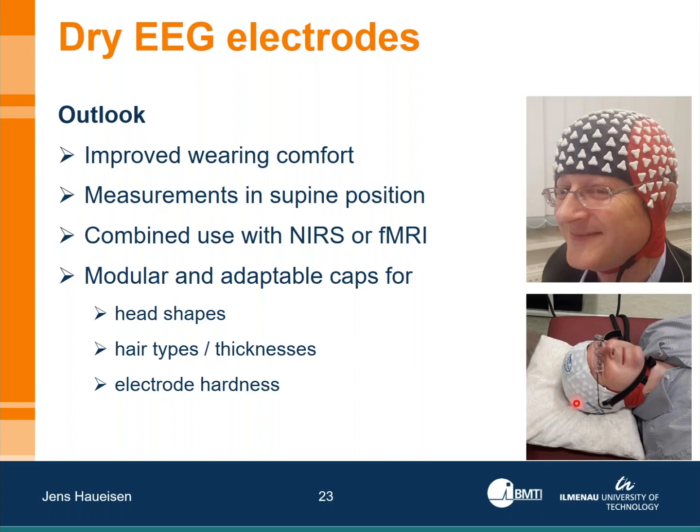That will work with the current electrodes, but we will improve on this as well. And last but not least, we will have modular and adaptable caps, which are better suited for the different head shapes and adjustable for the different hair types which we have.